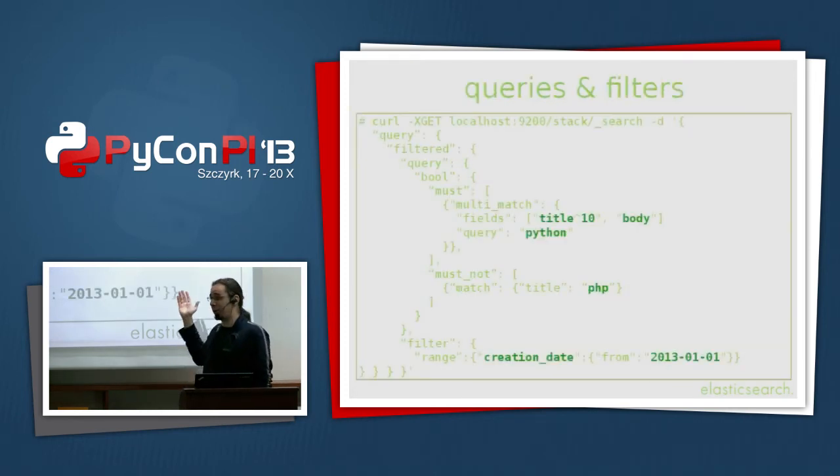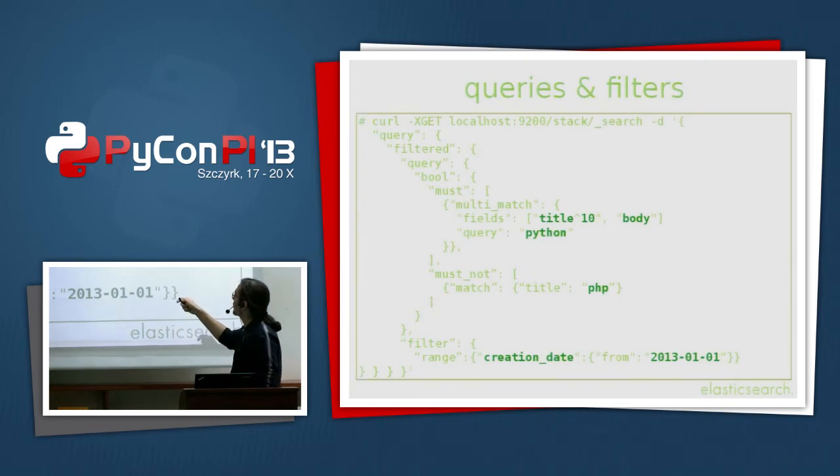So what your typical queries would look like is this. Now this looks very scary if it's the first time you've seen anything like that. But what it basically does is it's a filtered query. So it has a query and a filter. More about that later. And the query is a bool query that has a must branch. And there is multi-match, so against multiple fields, I'm matching Python, and it must not match PHP in the title.